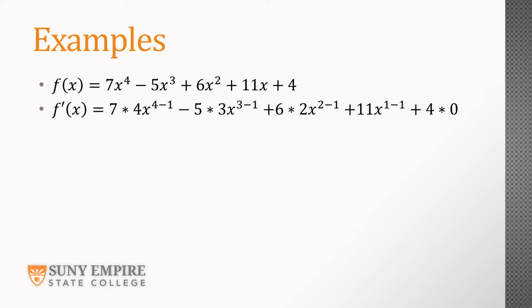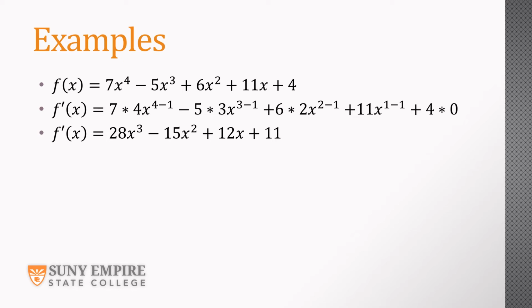Because a constant number like 4 can also be written as 4 times x raised to the 0 power. Simplifying, we have the derivative equal to 28x to the third minus 15x squared plus 12x plus 11.